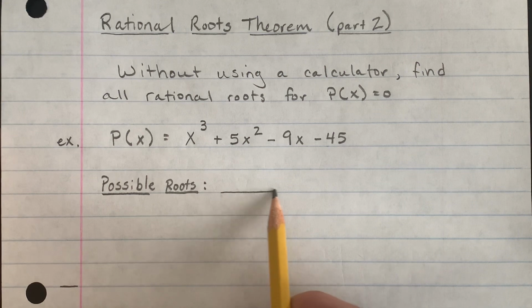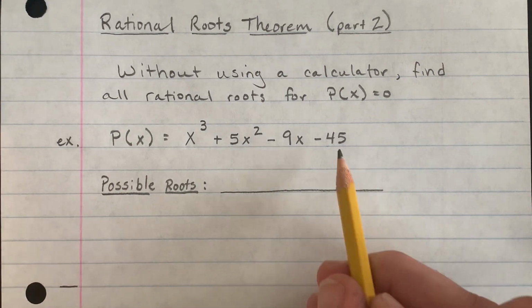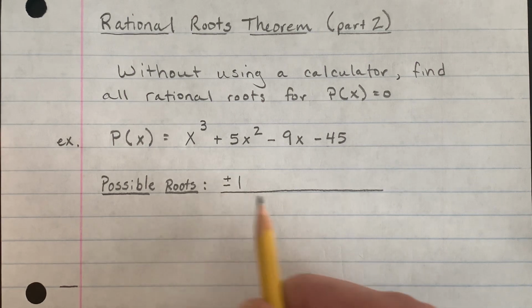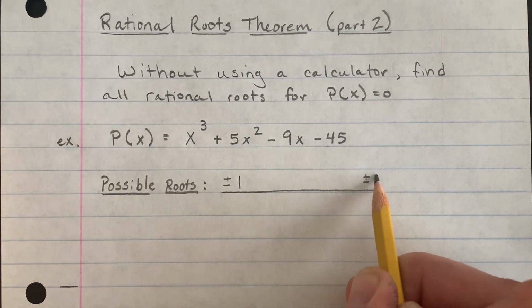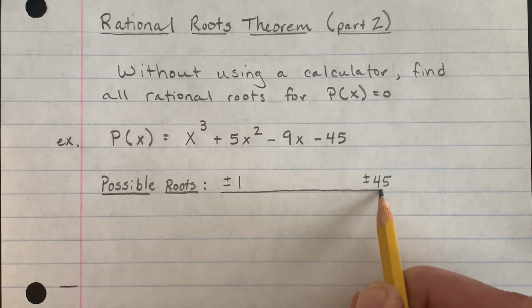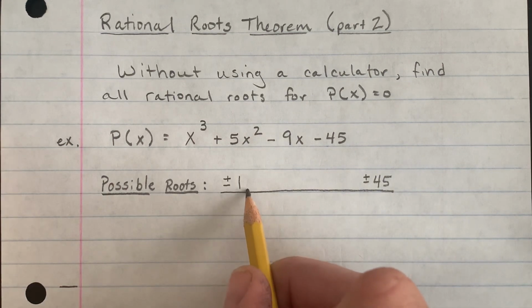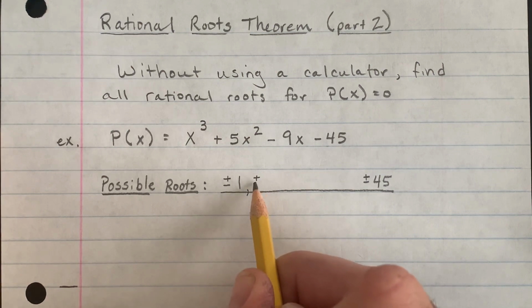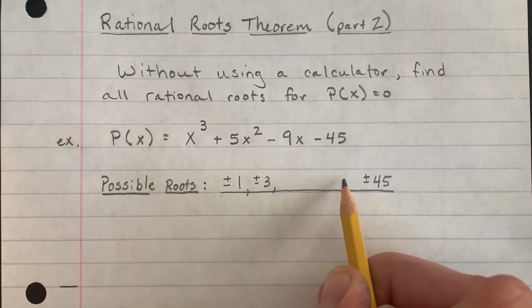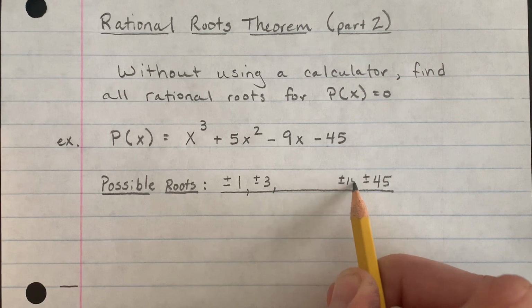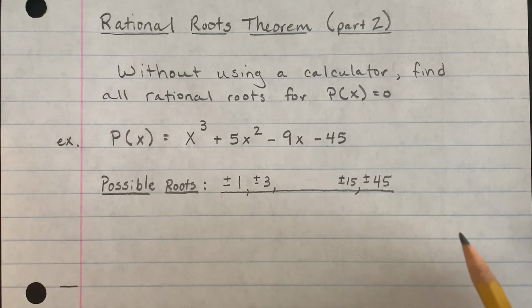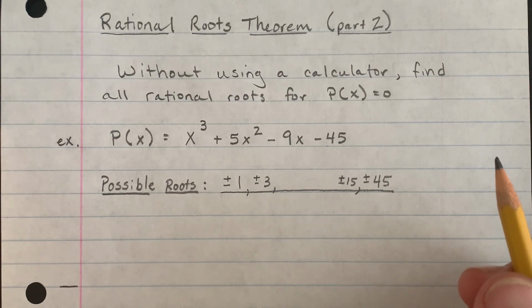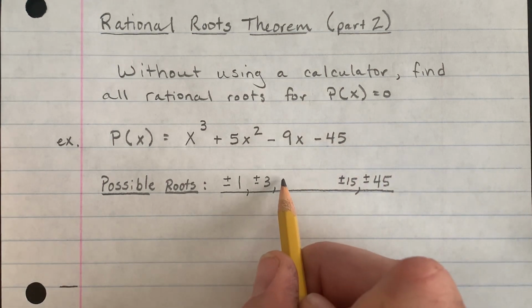So, the factors of 45, well, I know it's plus or minus 1 and plus or minus 45, because 1 times 45 is 45. 2 does not work, but we do know that 3 times 15 works. 4 doesn't work, that'll get us to 44. 5 will work.